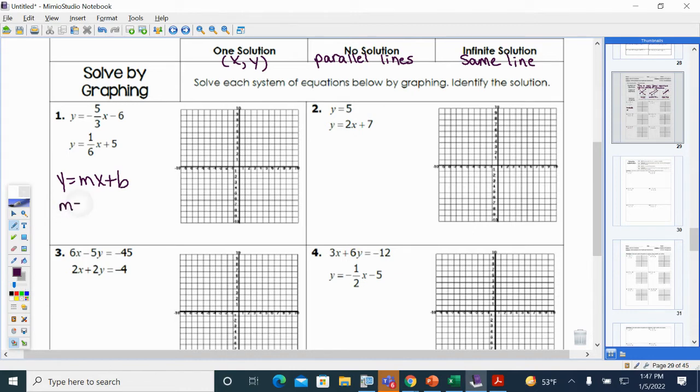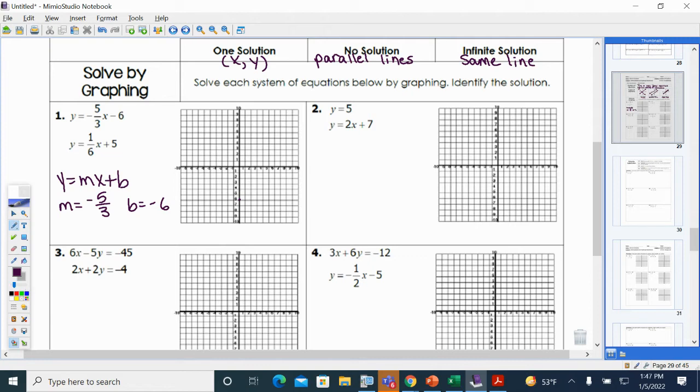My slope is negative 5/3, and my y-intercept is negative 6. So to graph that by hand, you want to start on the y-axis at negative 6 with a dot. And then we're going to use our rise and our run from our slope to graph another point. So we want to rise negative 5 and run 3.